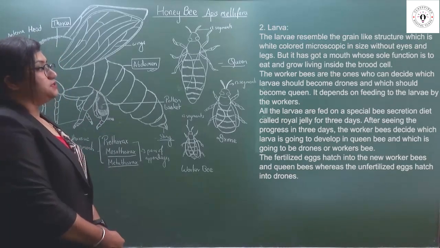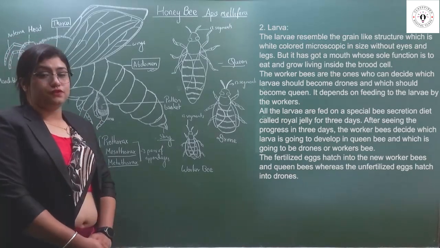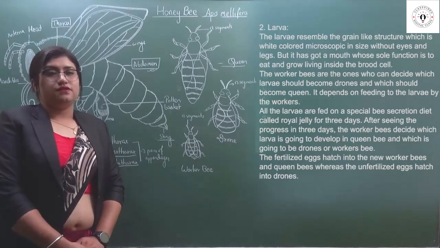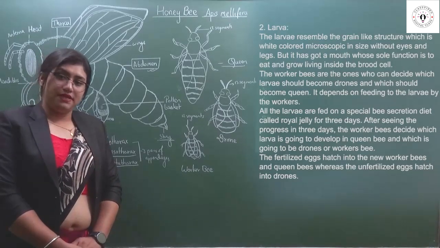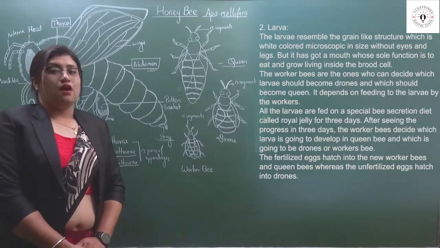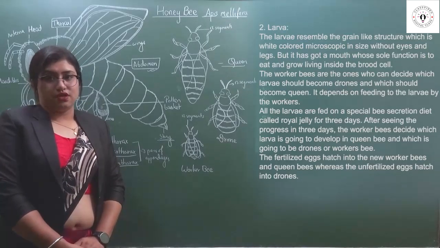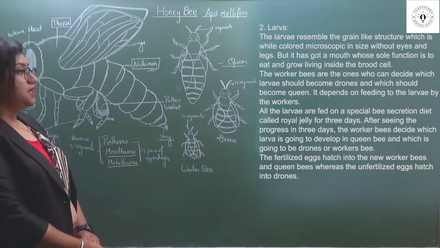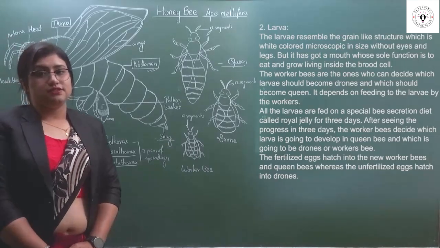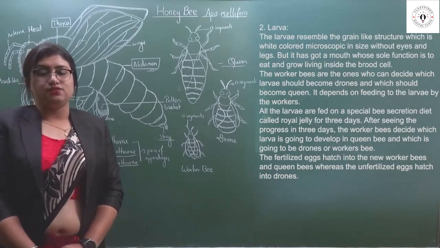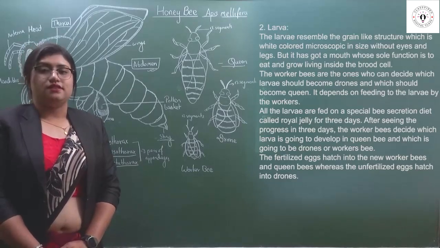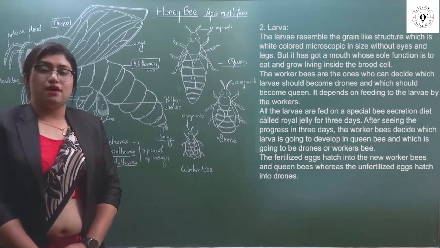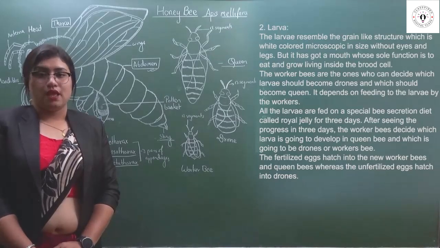The worker bees decide the food to be given to the larva, and also decide whether the larva is to be developed into the queen or the drone or the worker bee itself. Here, all the larvae are fed with a special secretion that is known as royal jelly. That royal jelly is fed only to the larva which is about to become the queen.